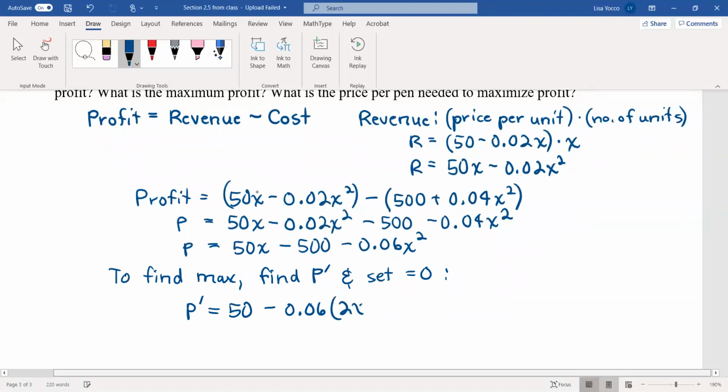And then for the next one, we keep the negative 0.06, and the derivative of x squared is 2x. So that's 50 minus 0.12x. This is another strange answer. Okay, so we'll set this equal to 0.